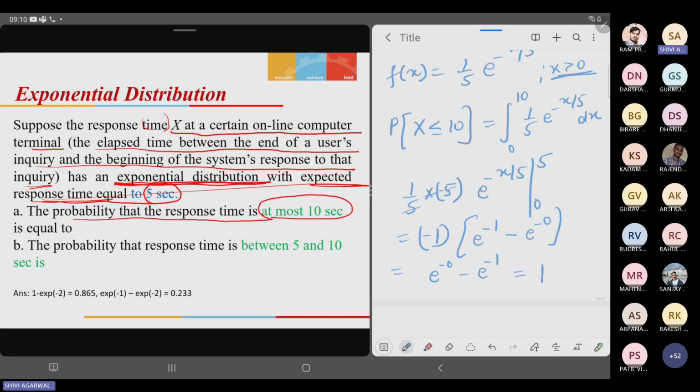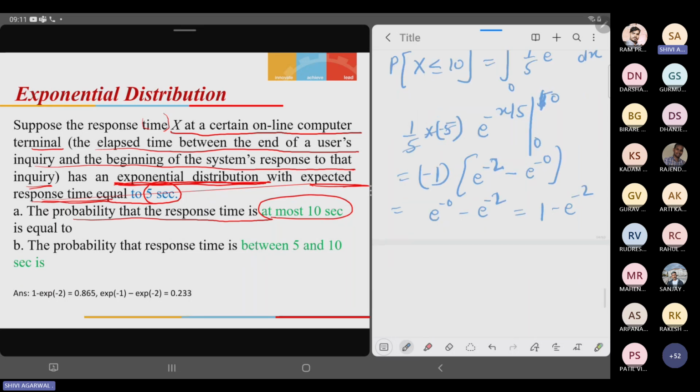Okay, I'm sorry, this limit is 10. Sorry. So minus 1, so it will become 10 by 5, it is 2, and then it becomes 0. So it becomes minus e to the power minus 2 plus 1. And when we calculate the answer by calculator, it is 0.865.